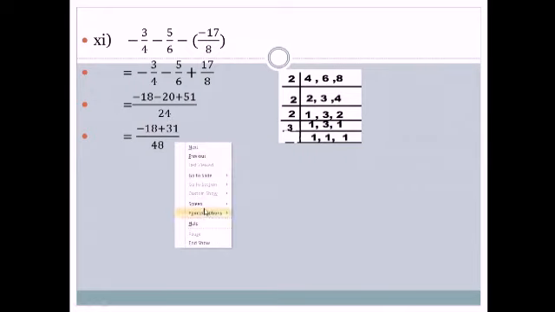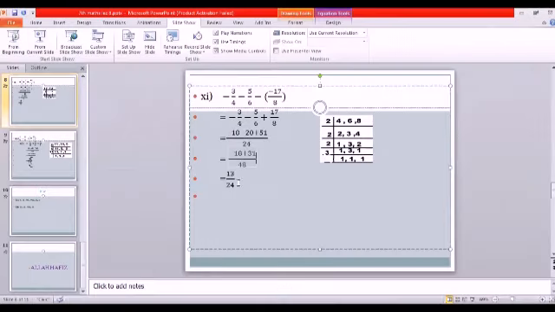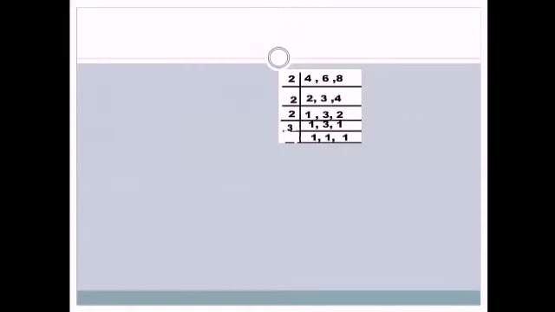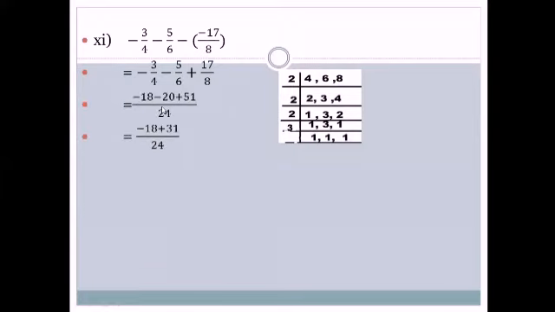Now again, the LCM is 24. So you write 24 in the LCM. 24 is the same, you copy as it is. Same 24 you write in the LCM. From 31 you subtract 18. When one number is positive, other one is negative, you subtract them and put the sign of the greater number.